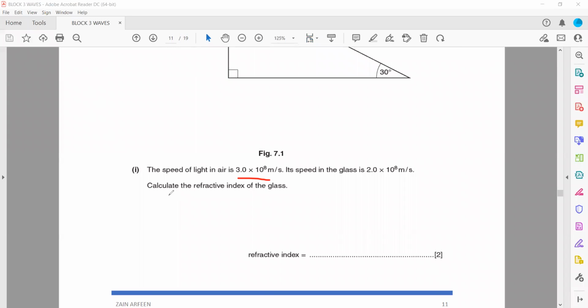Whenever speeds are given, the formula for refractive index is speed of light in air divided by speed of light in the medium. This formula is independent of direction; light can travel from air to glass or glass to air. When we solve, it is 1.5. And remember, the refractive index does not have any unit.